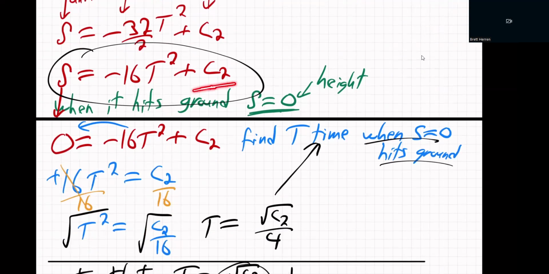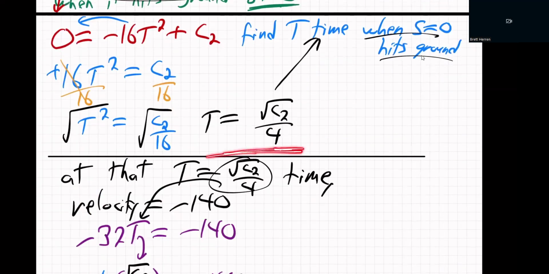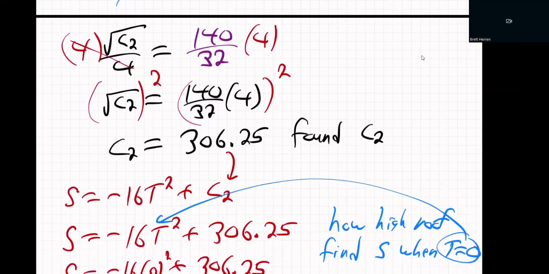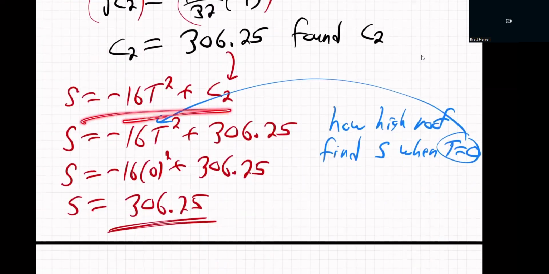To find C2, I said that when it hits the ground, the height is 0. S is 0. I put in a 0 for height and solved for t, the time when it hits the ground. Then I plugged that into the velocity equation, where at that time the velocity is negative 140. So I was able to solve that equation for C2. Then I went back to the position equation, put that in, and since I want to know how high the roof is, it's the position at time 0. Put in a 0, and it's just that number, 306.25. That is pretty tricky. And so there we go.